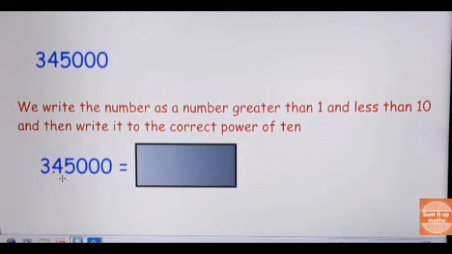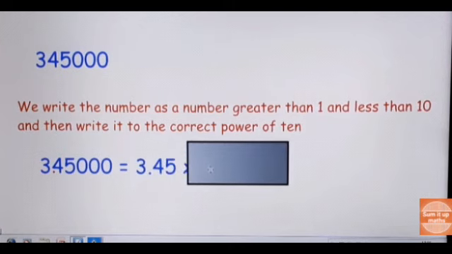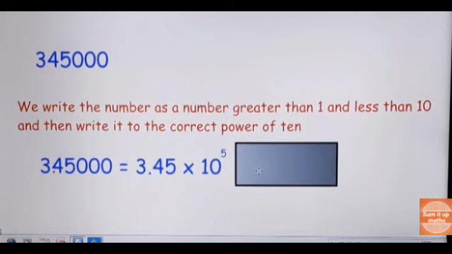So if we look at this, we can see that to get to our original place where the decimal was, right at the end, we had to times by, there's 1 there, 2, 3 powers of 10, 4 powers of 10, 5 powers of 10. So this number is written as 3.45 times 10 to the 5. Okay, and when we multiply this by 10 to the 5, we get back to our original number.